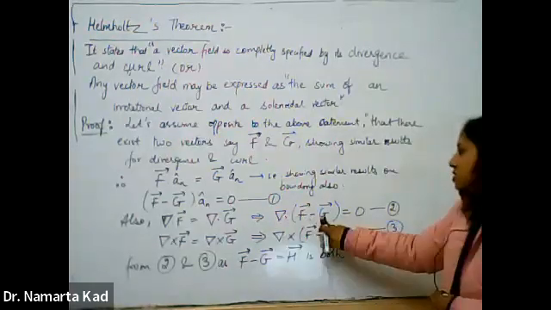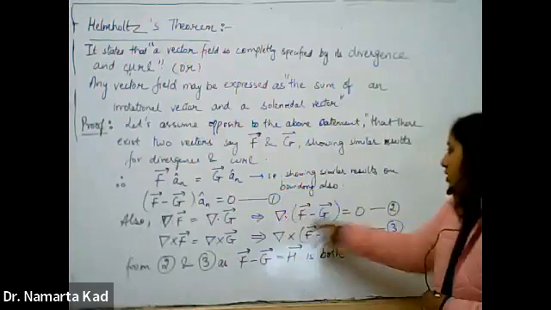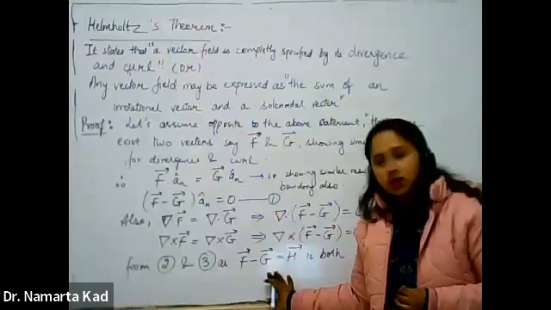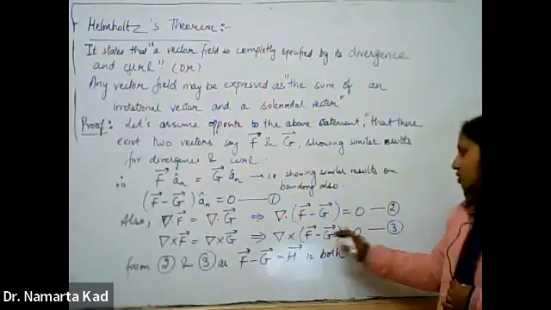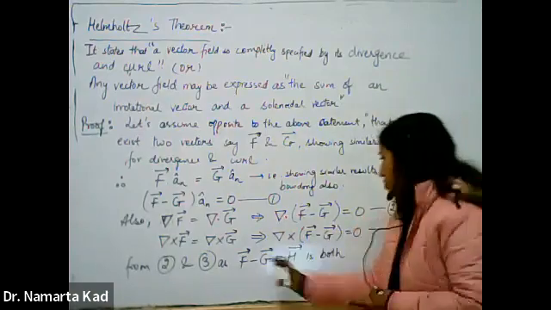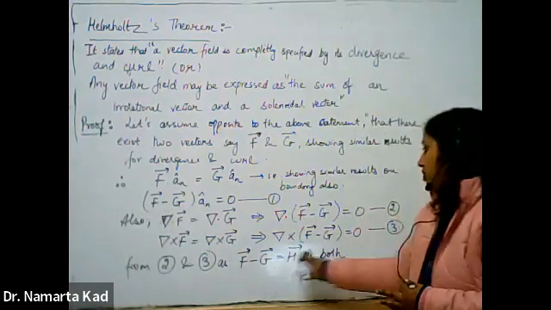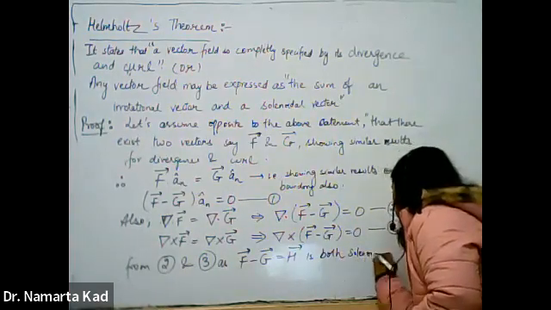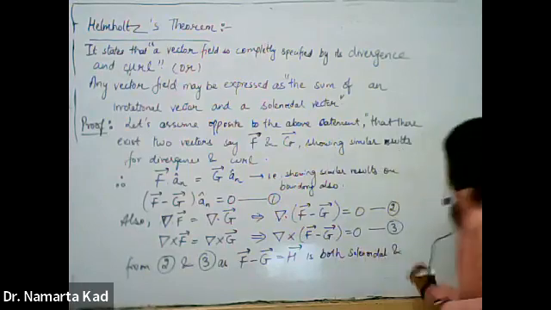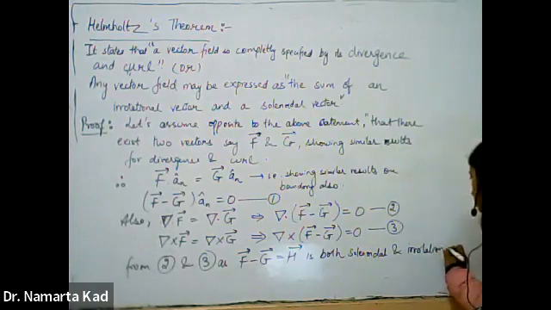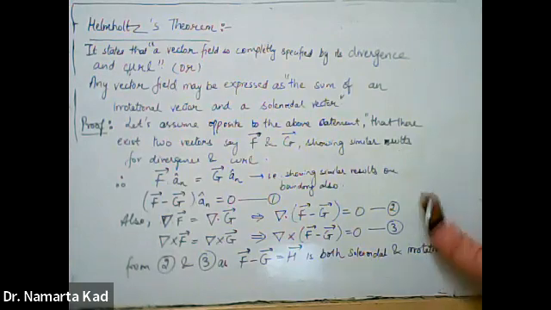If F minus G is H, then del dot H is equal to 0. That means this H vector is solenoidal. And from the other condition, it is concluded that the H vector is irrotational also. So F minus G, which is equal to H vector, is both solenoidal and irrotational, as seen from equation numbers 2 and 3.